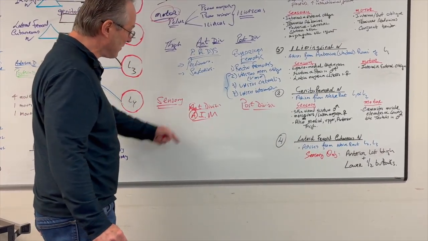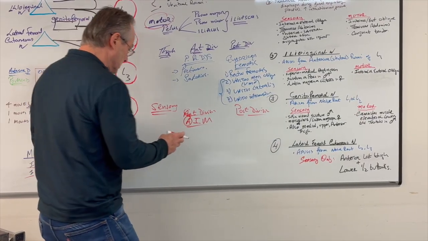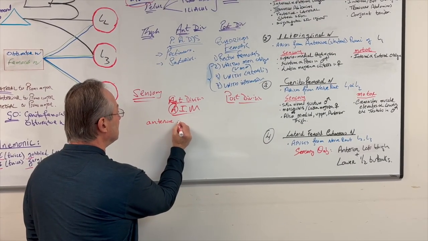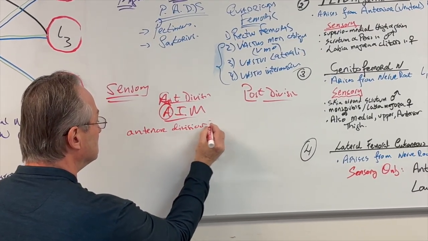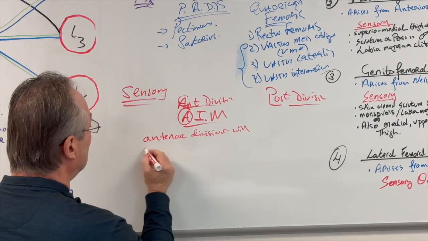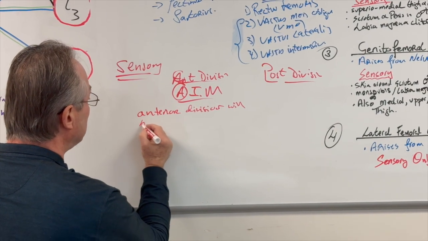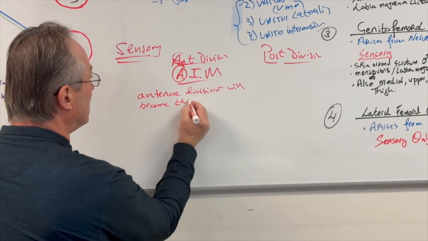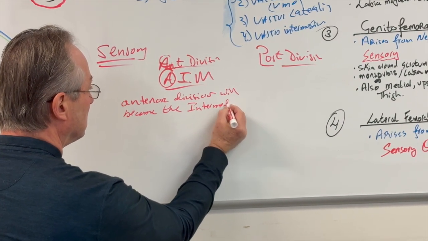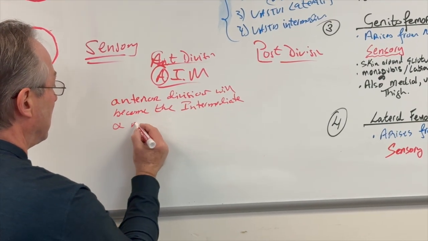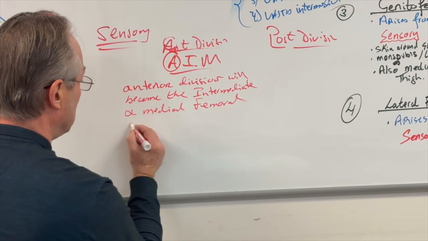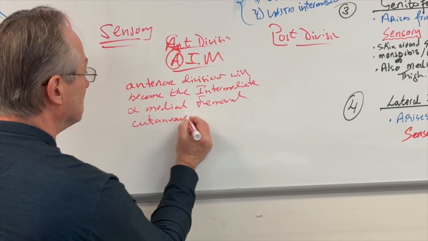We're just dropping that A because what happens is the anterior division will become the first I, intermediate and medial femoral cutaneous nerve.